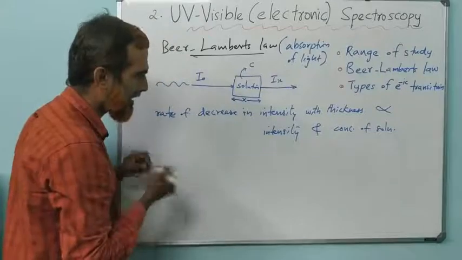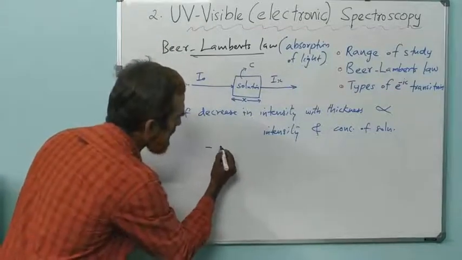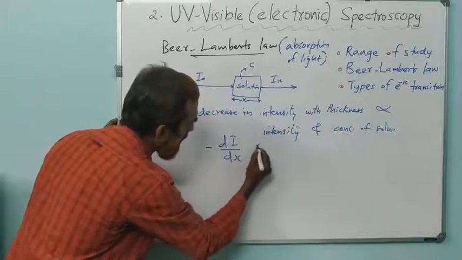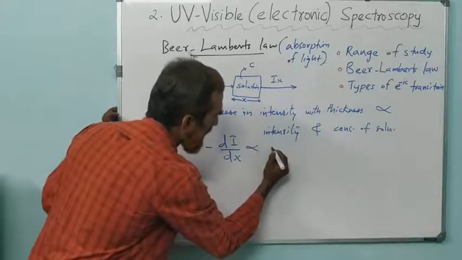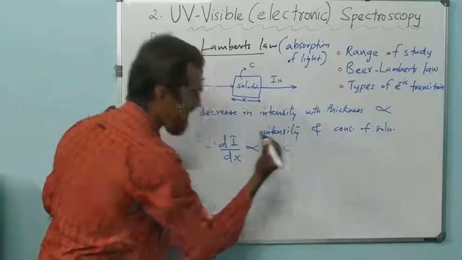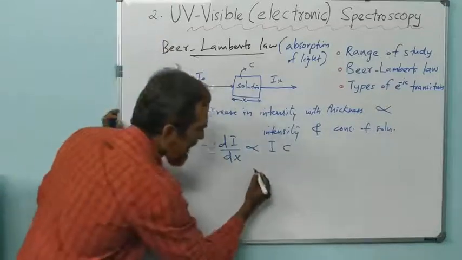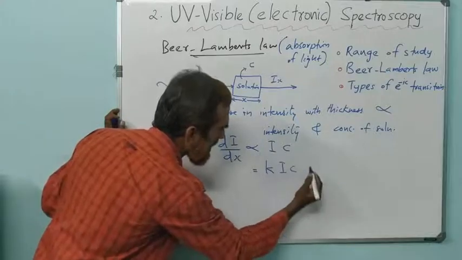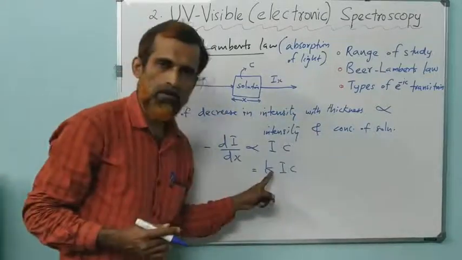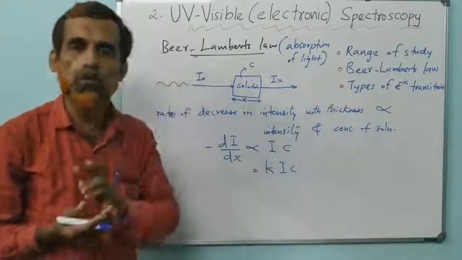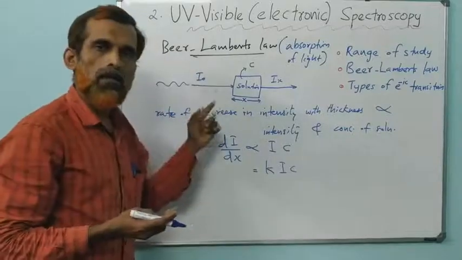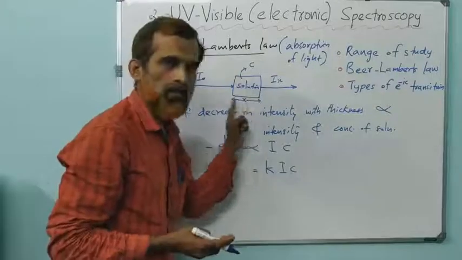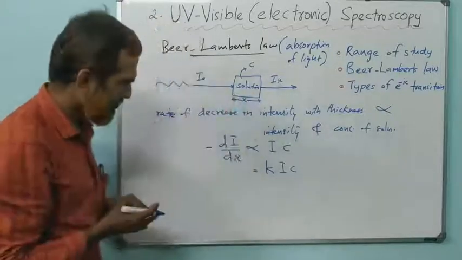This can be mathematically written as minus dI by dx proportional to intensity of the radiation as well as concentration. Equating, we write a proportionality constant k into IC, where k is constant of proportionality, which depends on two things. One is the nature of the radiation used, second the medium, the absorbing medium.